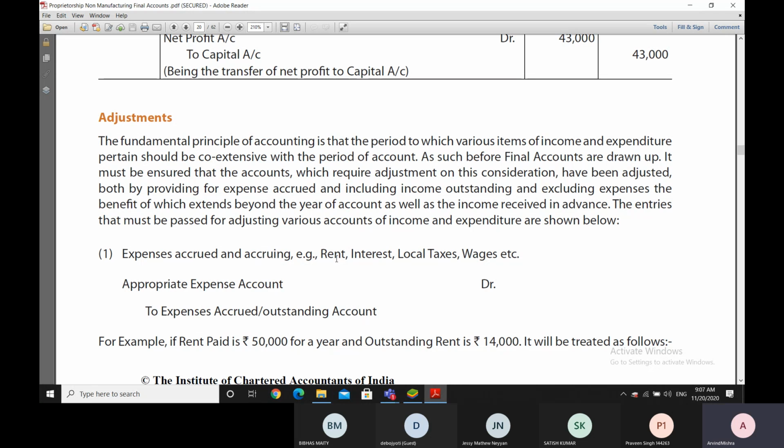And we have to exclude those expenditures, the benefit of which will extend beyond that year of account. I mean, that the expenditure, the benefit of it will not be enjoyed during the current year or during the current financial year, but rather it relates to a different period.